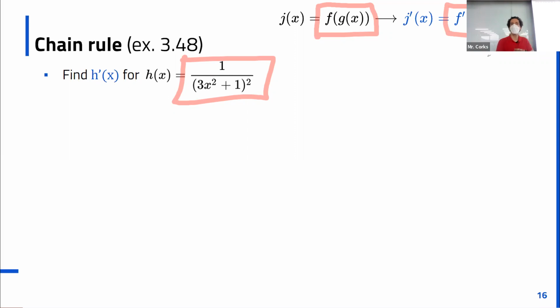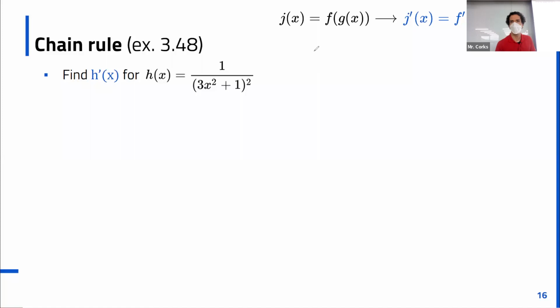So this nested function can get a little confusing, so let's figure this out. What would the outside part be here? Not just 1.